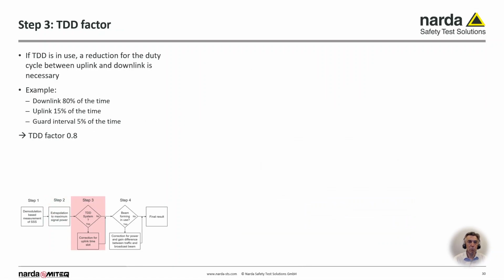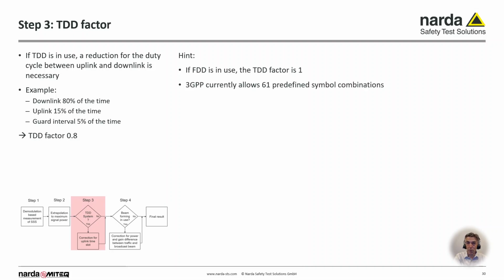That means that maybe only 80% of the time the downlink is used and the uplink is using 50% and maybe 5% are used for a guard interval. Okay, so if FDD is used, so there is no TDD, this factor is 1 because then the base station is allowed to transmit all the time and it will do so. Okay.